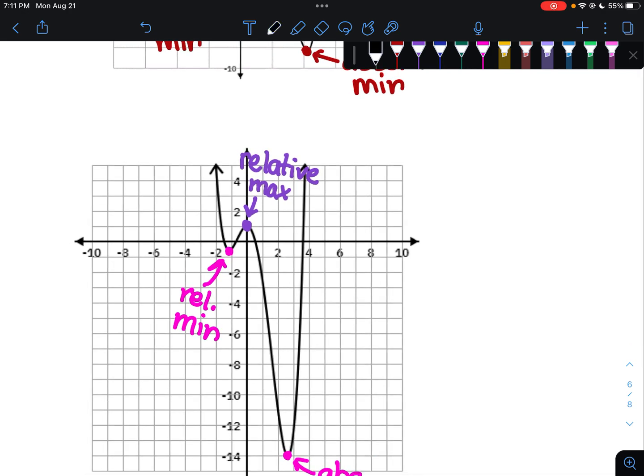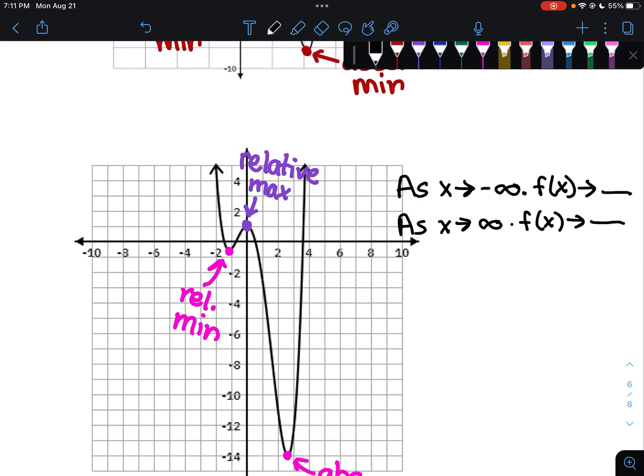So I'm going to go ahead and add the statement as x approaches negative infinity, f of x approaches blank, and then as x approaches positive infinity, f of x approaches blank.